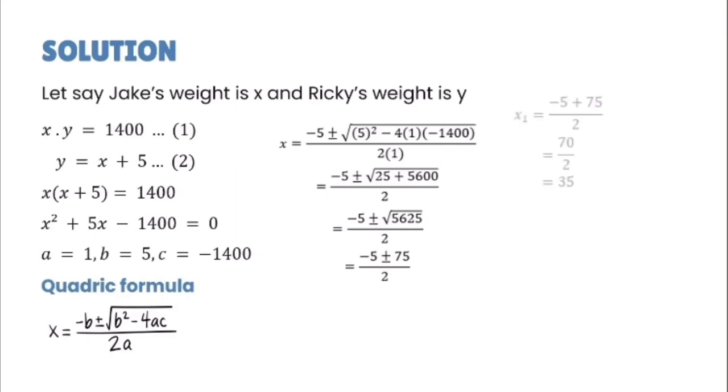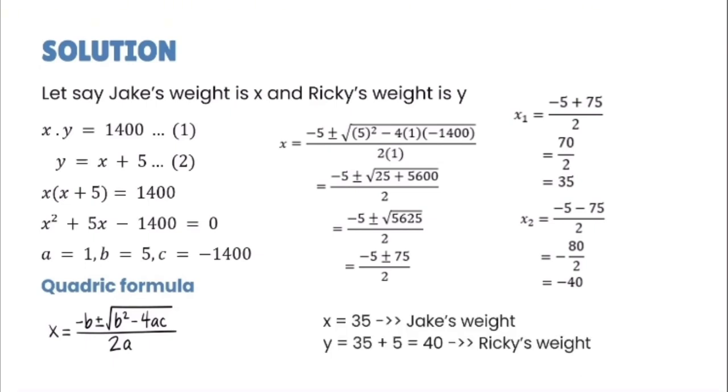And then we got x1 for the first case. x1 equals negative 5 plus 75 over 2 equals 70 over 2, which is equal to 35. And x2 for the minus case. x2 equals negative 5 minus 75 over 2 equals negative 80 over 2, which is equal to negative 40.